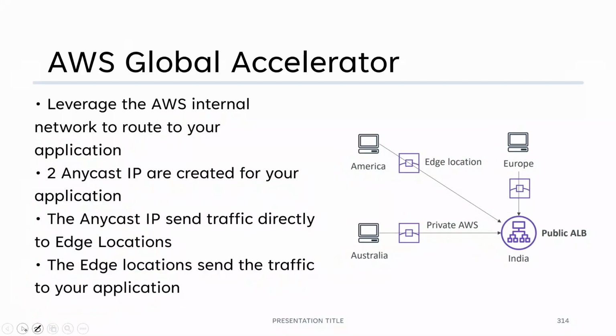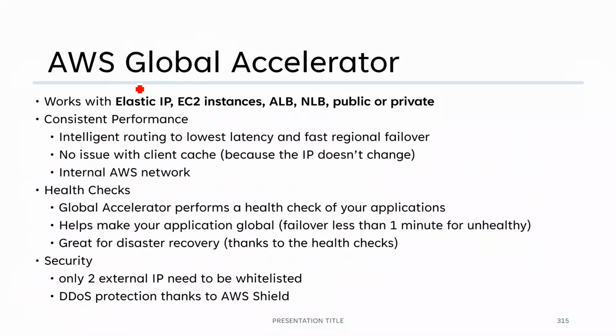Okay, it's the same slide. AWS Global Accelerator works with Elastic IP, EC2 instances, ALB, NLB, public or private, works with anything. It has consistent performance, intelligent routing to the lowest latency and fast regional failover. No issue with client cache because the IP doesn't change as you are using an Anycast IP. It uses the internal AWS network.